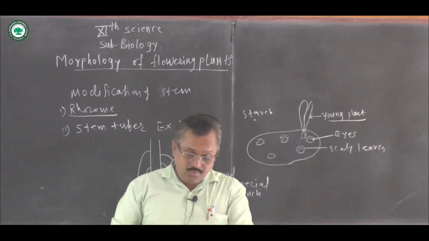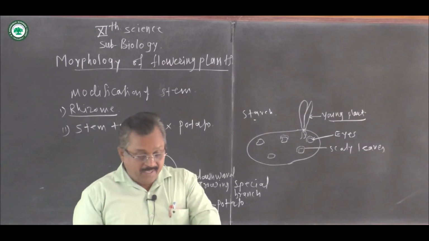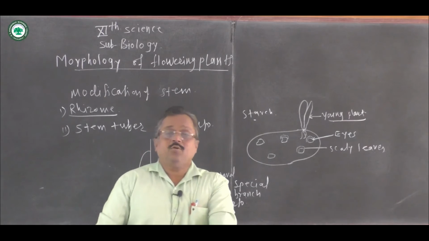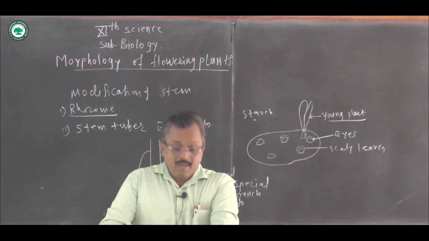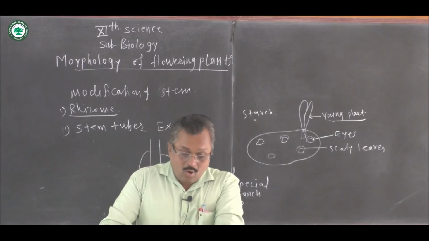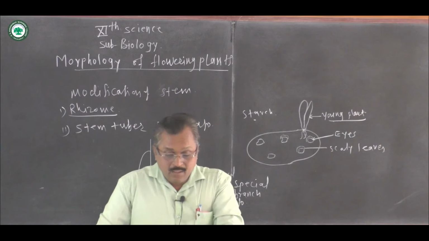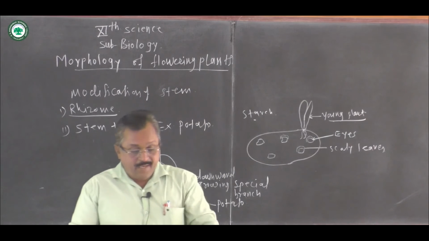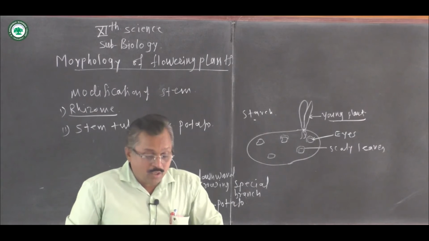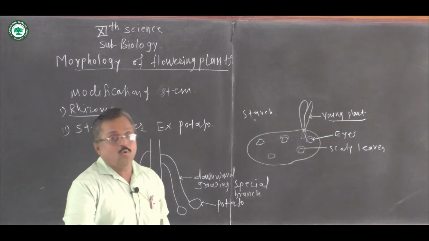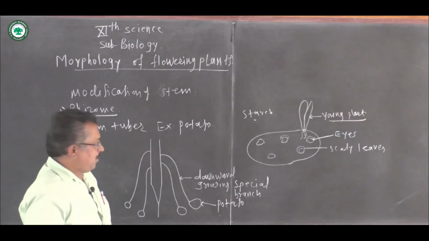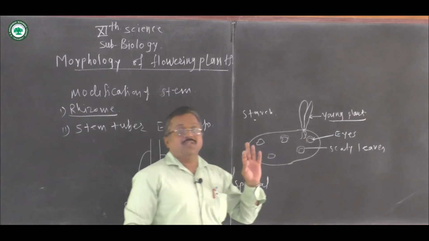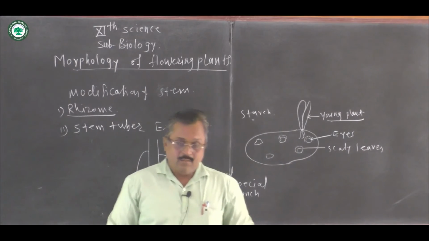The tuber has two distinct ends, the apical end and the basal end, called rose and heel end respectively. The number of nodes and eyes is greater towards the rose end.